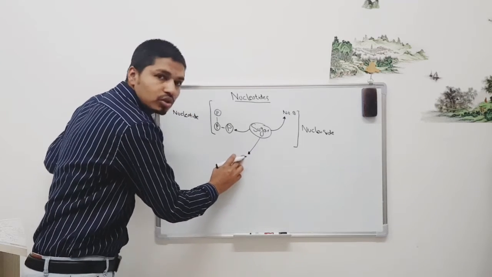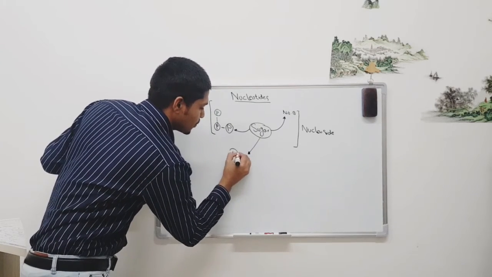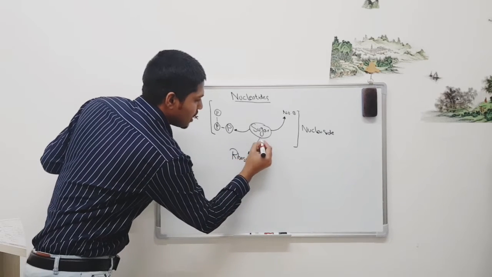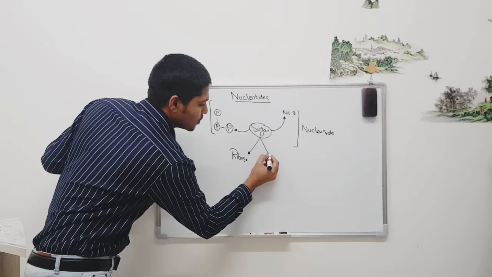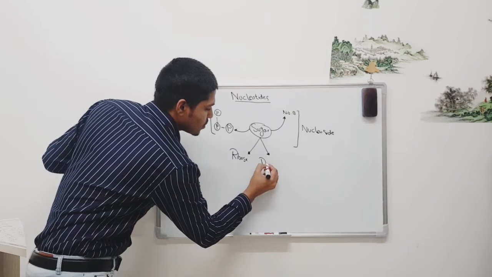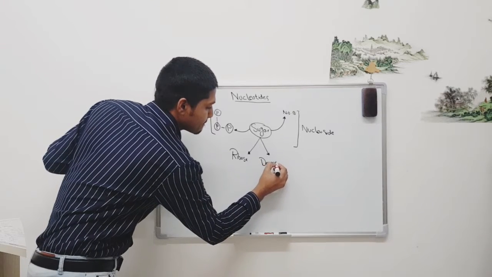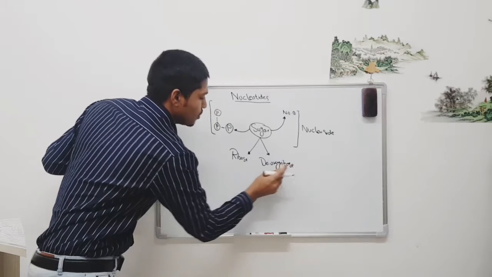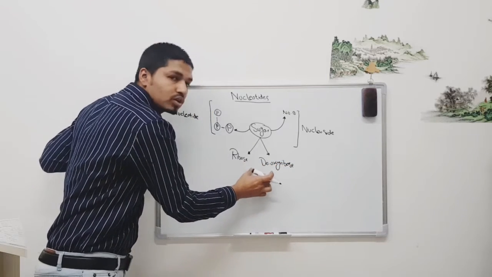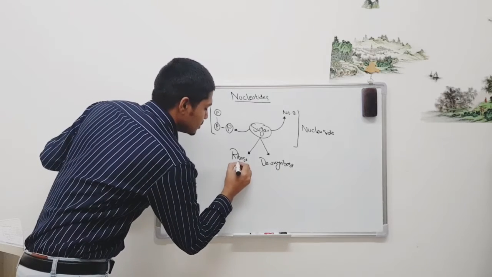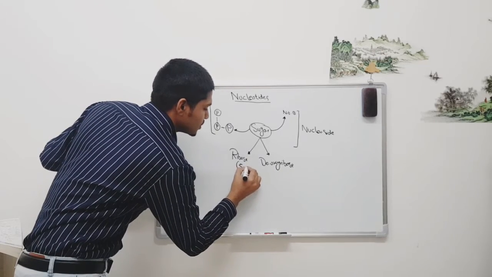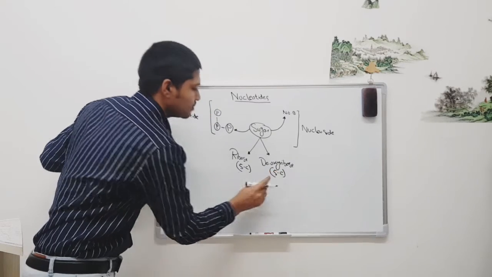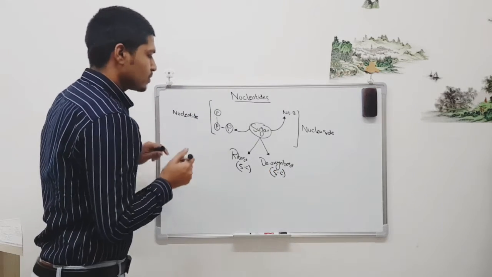The first sugar molecule is ribose, and the second is deoxyribose. Both of these sugar molecules are 5 carbon ring structures.